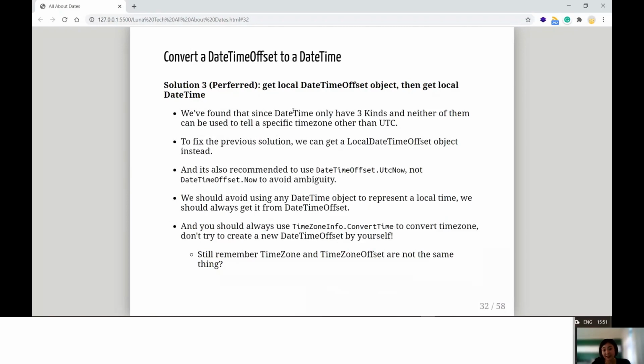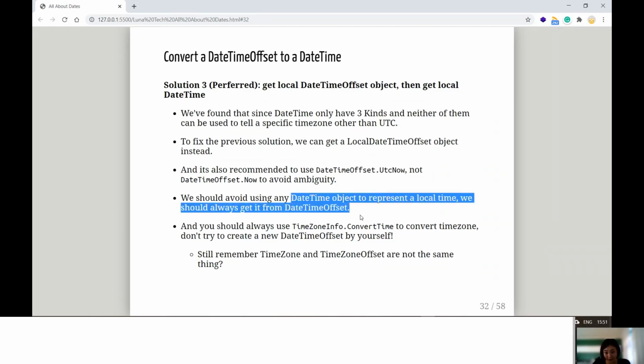Okay, so where am I? Because DateTime has 3 kinds and we don't like that, we actually need to get a local DateTimeOffset object instead of trying to convert it directly to a DateTime. And we also recommend to use UTC now, not the local now. We should avoid using the DateTime object to represent a local time.